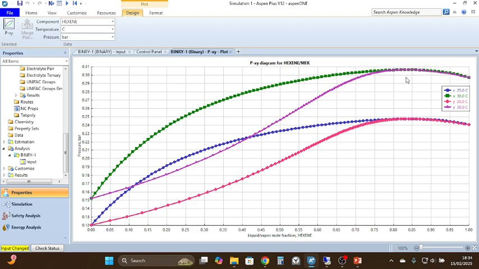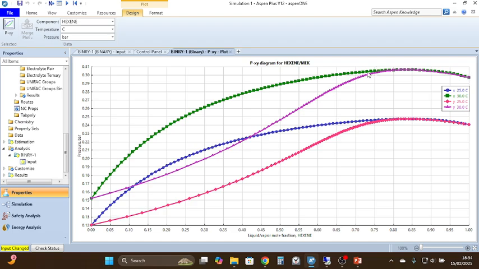No. Okay, till what purity of hexene can we separate? 0.7. So over here you can see that the dew point curve and the bubble point curve actually merge at a particular concentration of hexene.